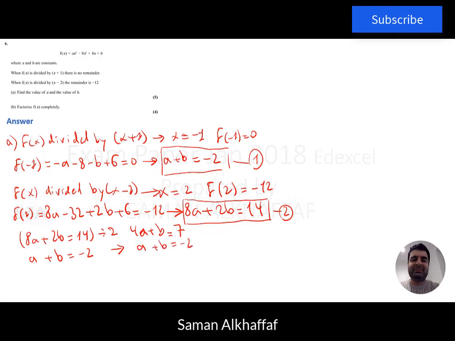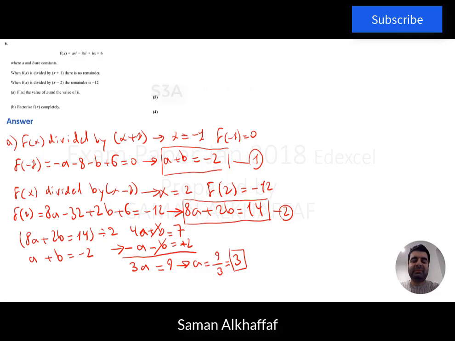If we take away one equation from the other, the b terms will disappear, and that gives 3a equaling 9, so a is equivalent to 9 divided by 3, which is 3.